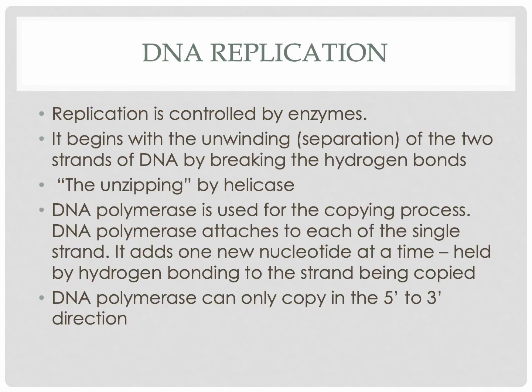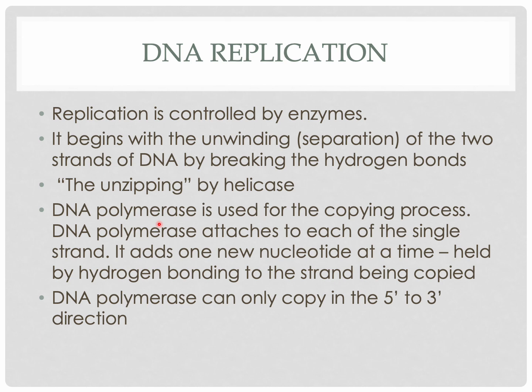DNA replication is controlled by enzymes. It begins with the unwinding or separating, breaking those hydrogen bonds between the two nitrogen bases. That's what's known as the unzipping of DNA, and that's done by helicase. DNA polymerase is used for the copying process.